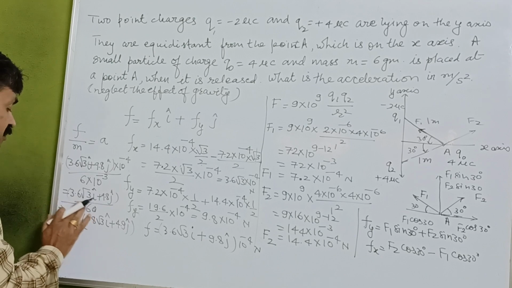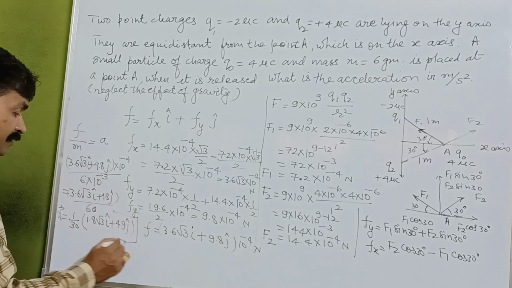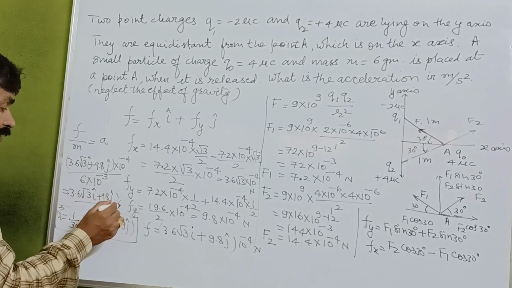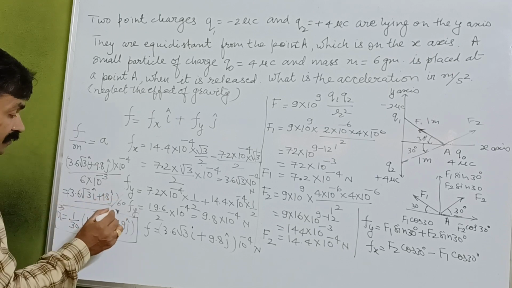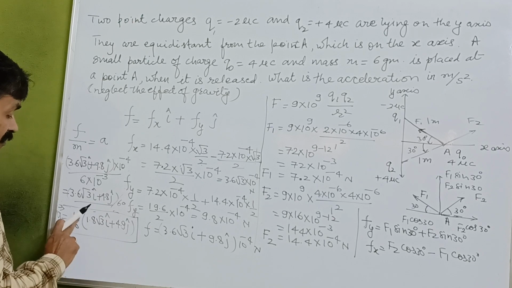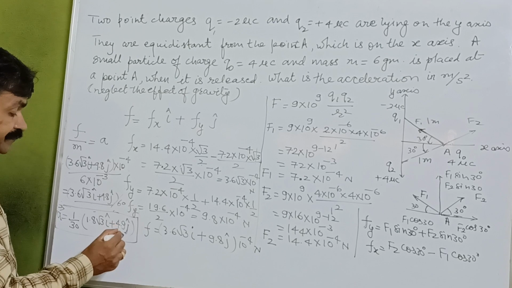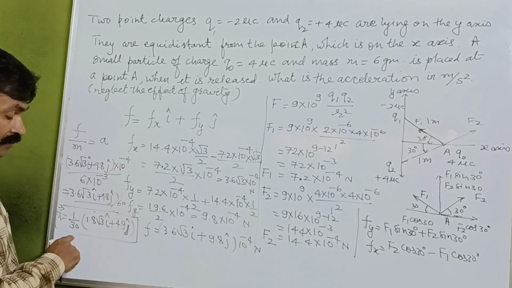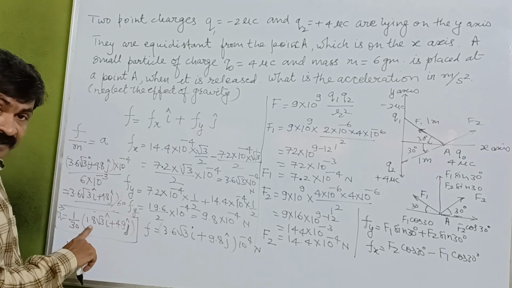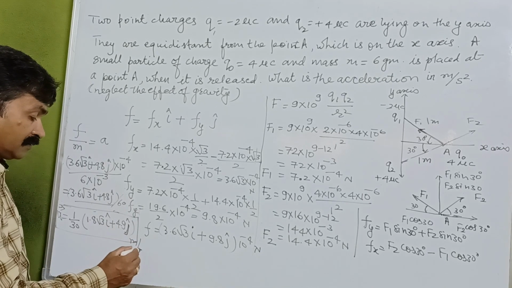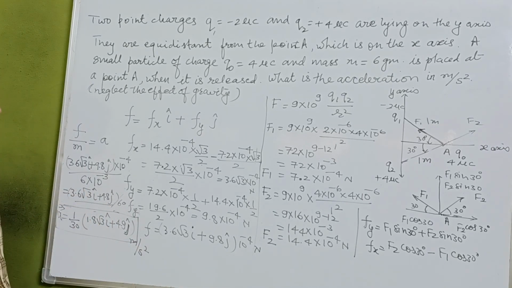I am putting it in a block, divided by 60. So here we have got 1 upon 30, 1.8 root 3 i plus 4.9 j meter per second square.